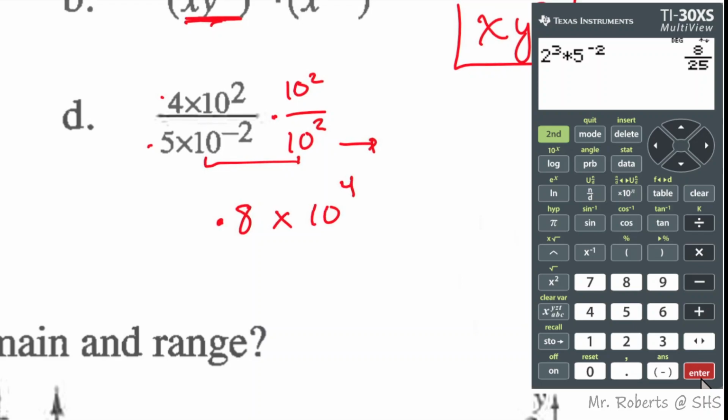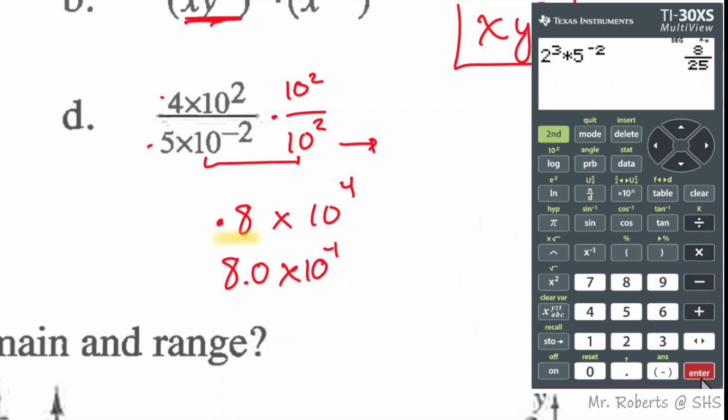Now we got a problem, right? That's not in scientific notation. So I need it to be 8.0. But in order to make 8.0 look like 0.8, I have to divide that by 10. So I'm going to multiply it by 10 to the negative first. You can verify on your calculator if you don't believe me.